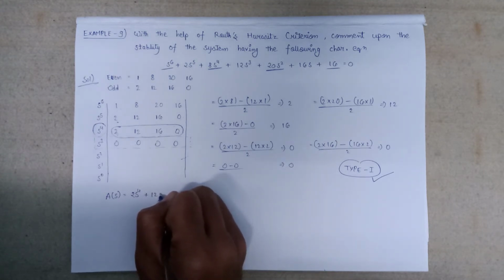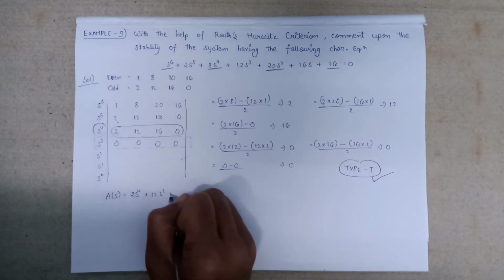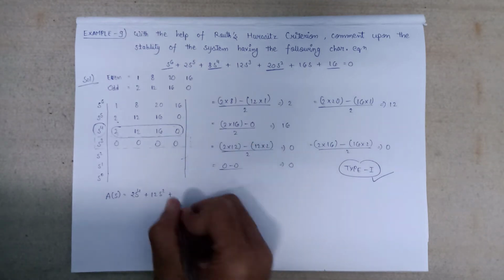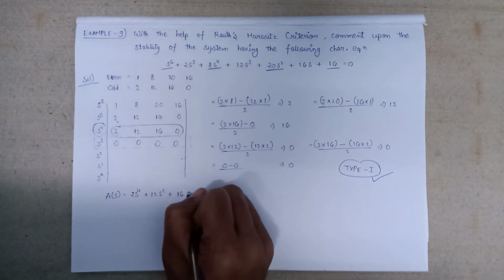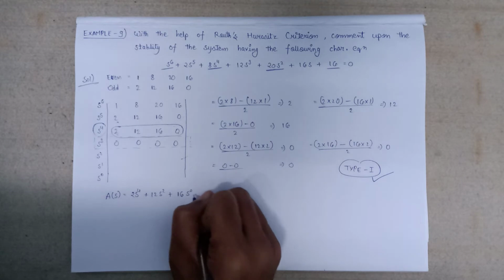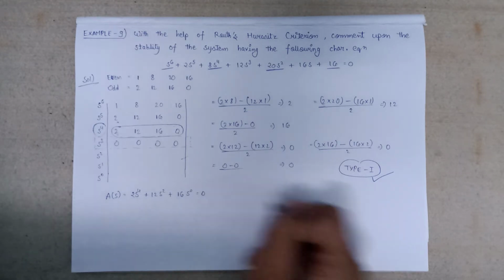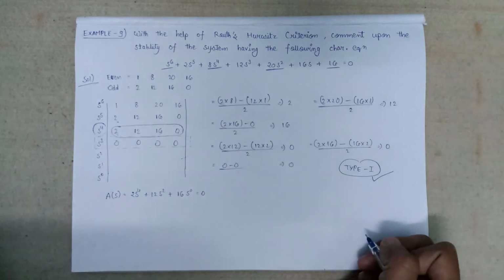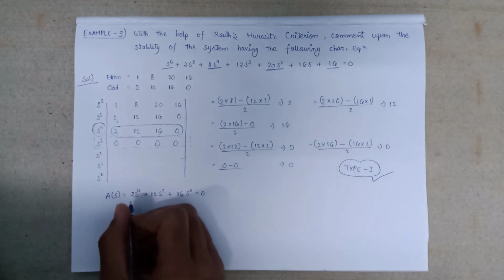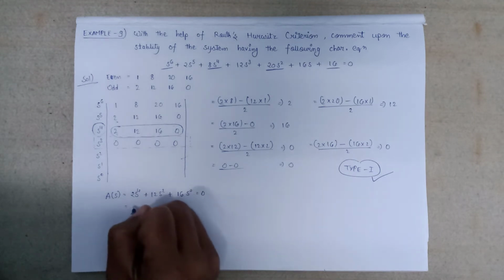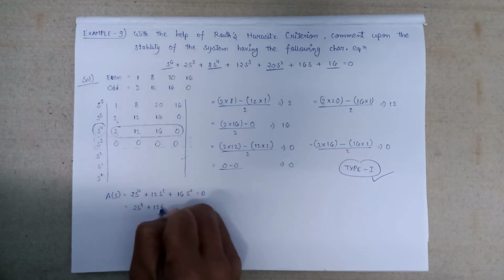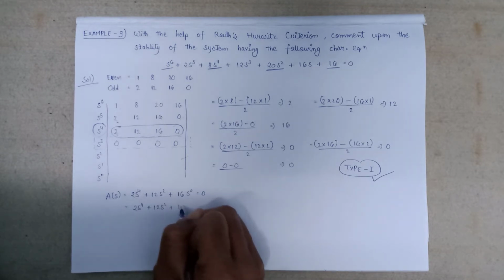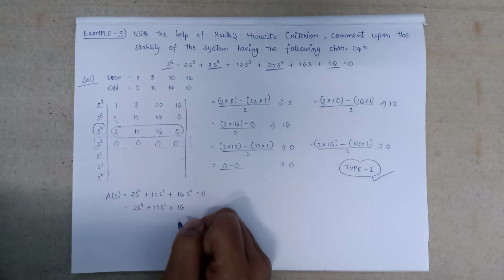Even power of s in the decreasing order will be s to the power 2. Then plus, then we write 16. Then in the decreasing order, even power of s will be s to the power 0 equals to 0. So we can rewrite the auxiliary equation as 2s to the power 4 plus 12s square plus 16. This is our auxiliary equation.